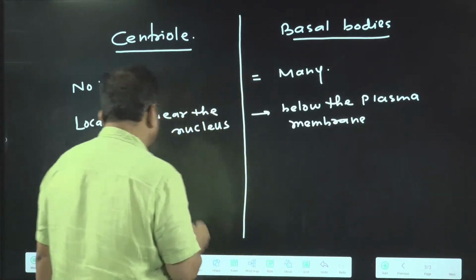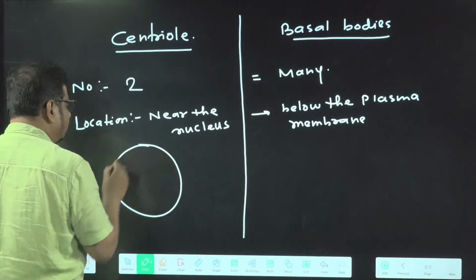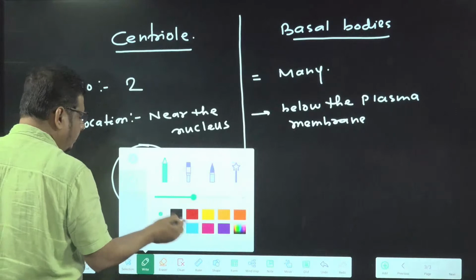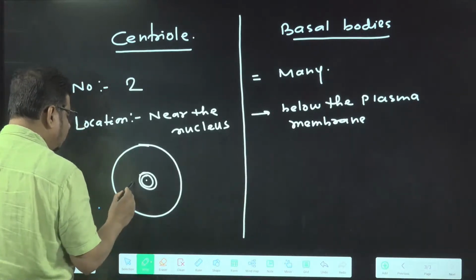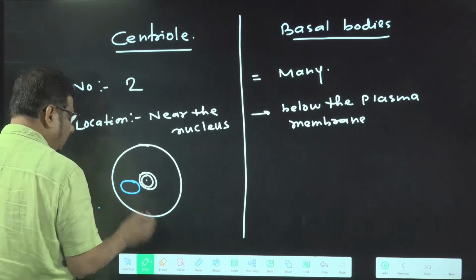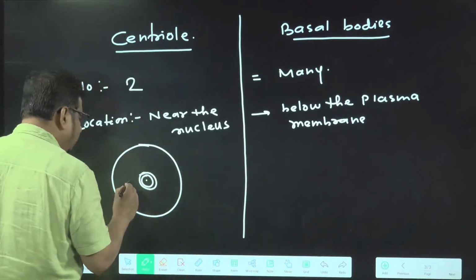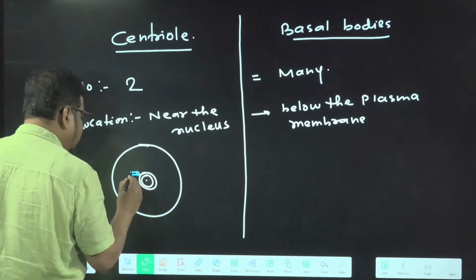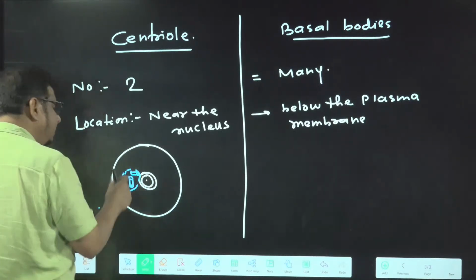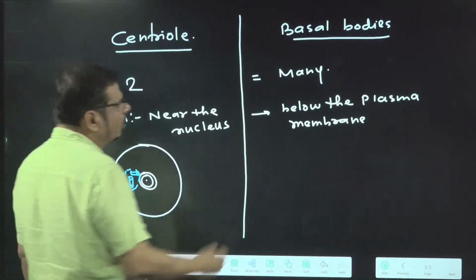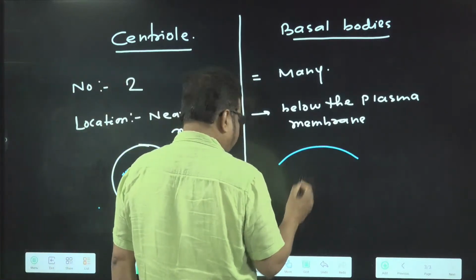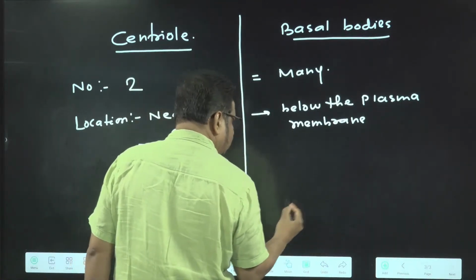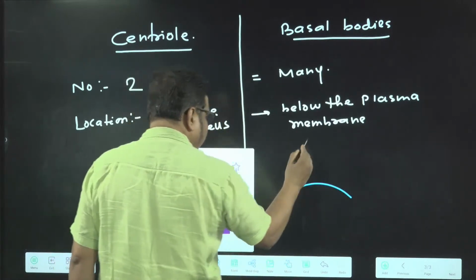You just have a look, I am drawing a cell. In the cell, this is the nucleus. Near the nucleus you will find the centrosome, not a membranous structure. It has one centriole and another centriole, surrounded by amorphous layer. Now if you talk about basal body, this is plasma membrane, and this one is flagella.